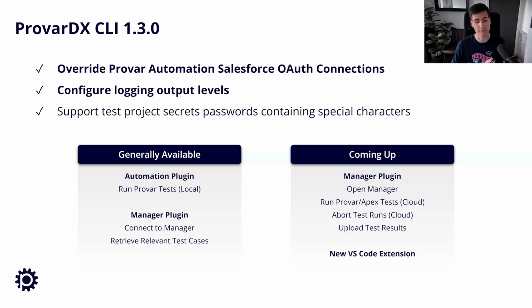So as we were just seeing, you can use test schedules to trigger tests on Provar Grid or another Salesforce org. And now what you can do is leverage that from your local environment or from a CI pipeline. Now, why would you want to do that? Let's say that you're using GitHub Actions to test a particular pull request or any code and development that you've been working on.